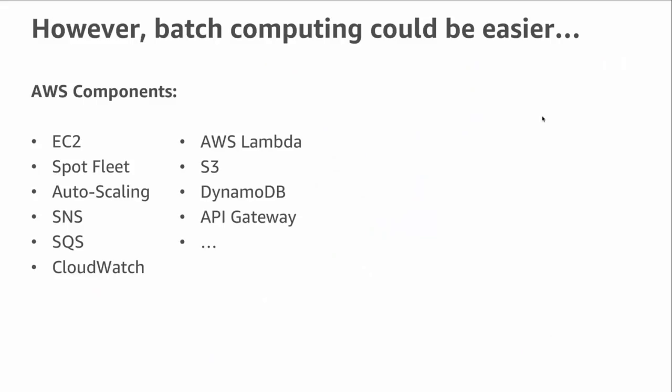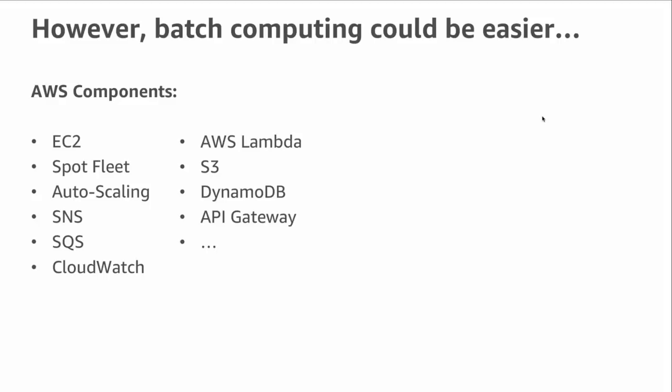Right, so still, batch computing could still be a bit easier. If you were to build out a batch computing environment yourself, these are some of the AWS components that you probably would be tapping into. Obviously you need some compute, so EC2, and it's a best suggestion to use spot instances, so Spot Fleet is a great tool to use there.